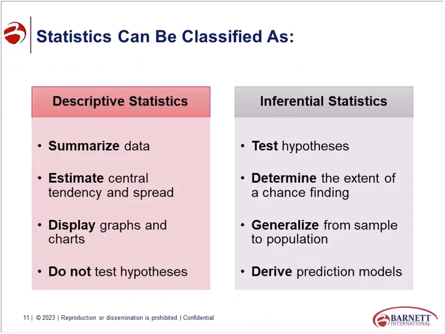Now, before moving on, I'd like to make a clear distinction between the types of statistics, because there's sometimes misunderstanding or mixing up of terms. There's something called descriptive statistics and also inferential statistics. Descriptive statistics can summarize data, estimate, display, but does not test.